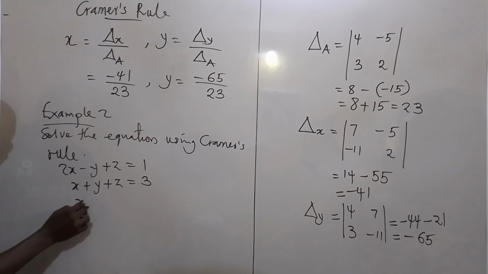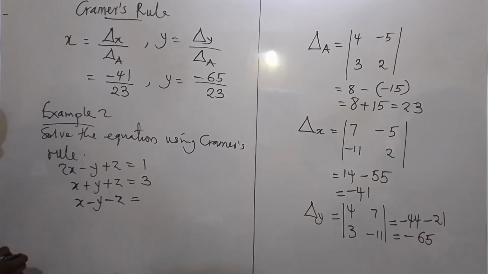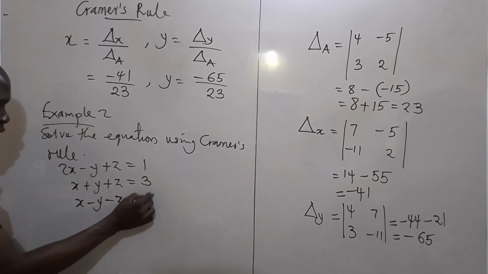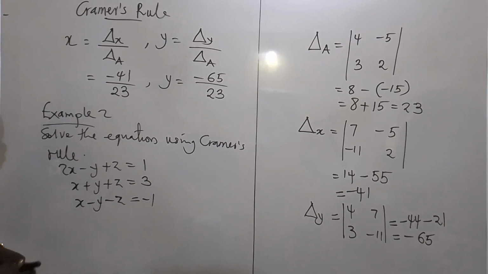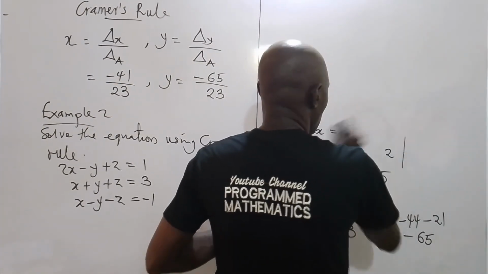Then x minus y minus z, let's assume this is what we have in that case, and this is minus 1. So you can pause the video like I said and solve this question yourself first.